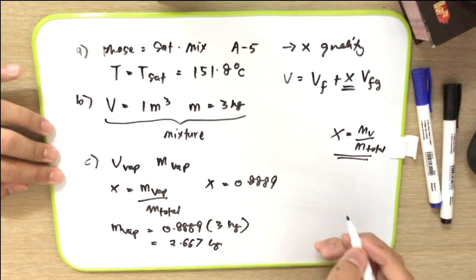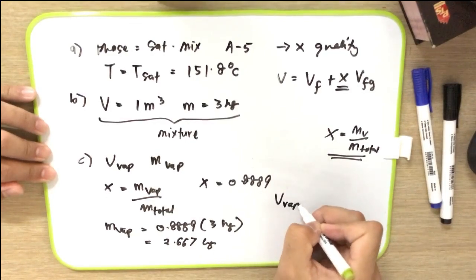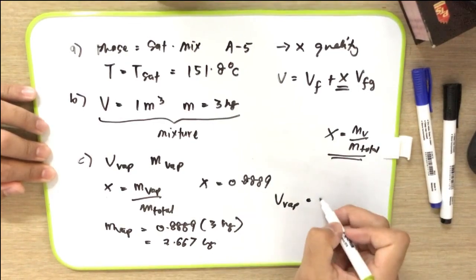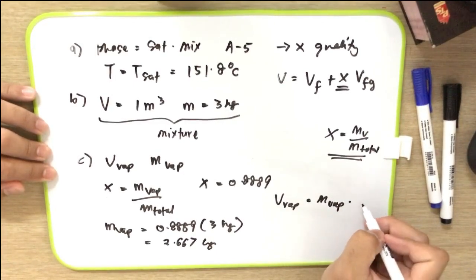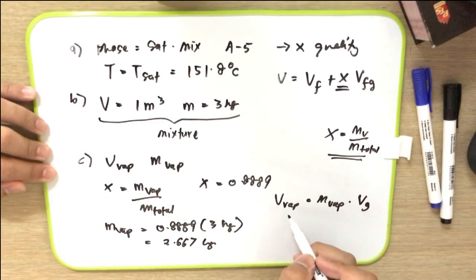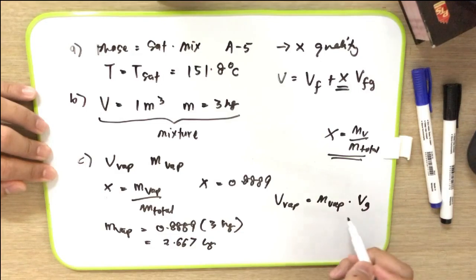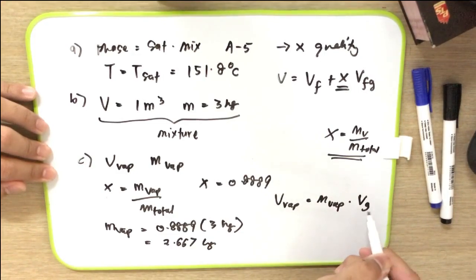Same goes to V vapor. We can use the M vapor and we just multiply with the VG. If just now we wanted to find the V for liquid, we used VF, but for V vapor, we just use the VG.